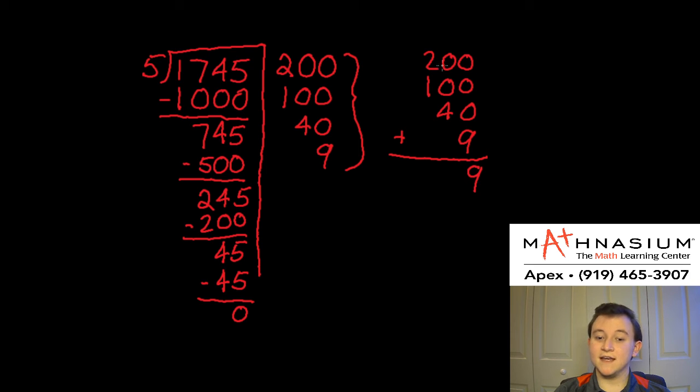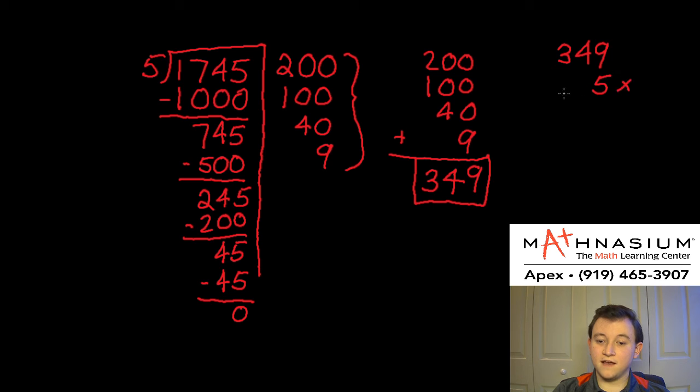That's going to give us 9. 0 plus 0 plus 4 is 4, and then 2 plus 1 gives us 3. So 1,745 divided by 5 would be 349.